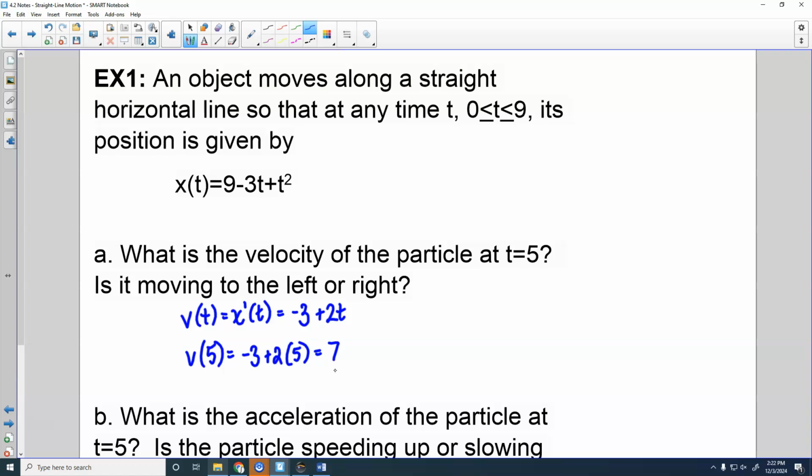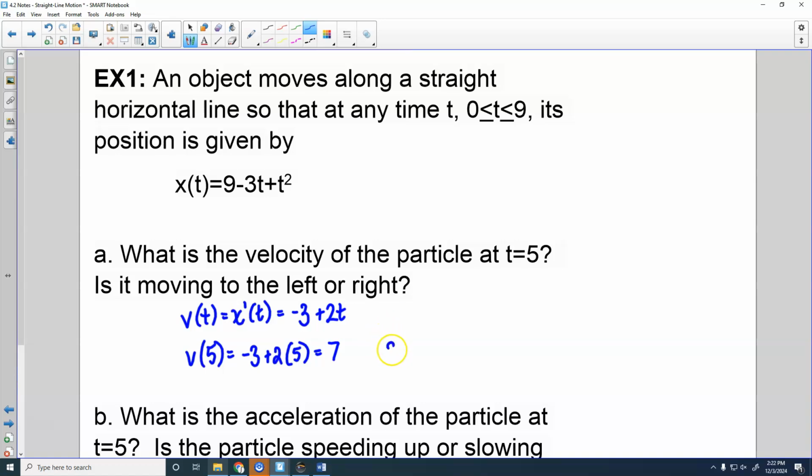Okay. In this particular case, you're moving across the horizontal line. So think about the x-axis. Right would be positive, left would be negative in this case. So since our velocity is positive, then we are moving to the right.